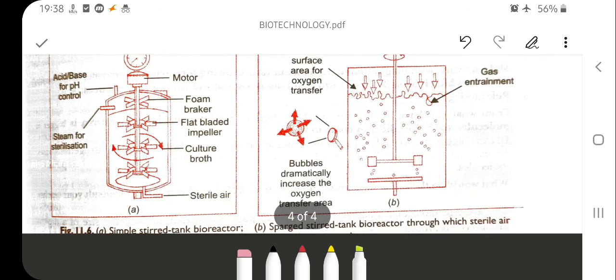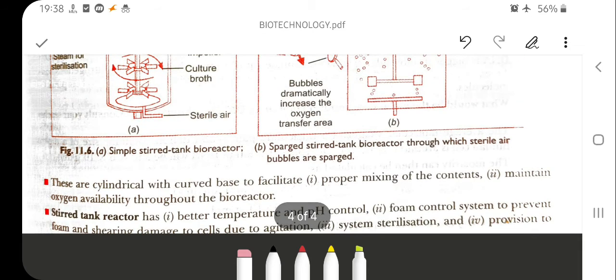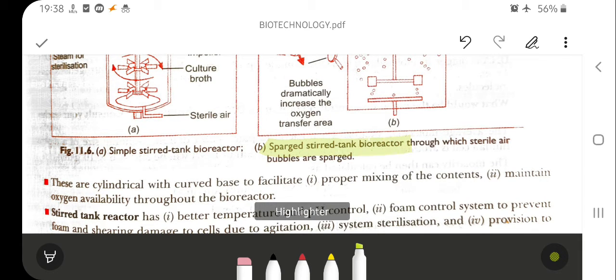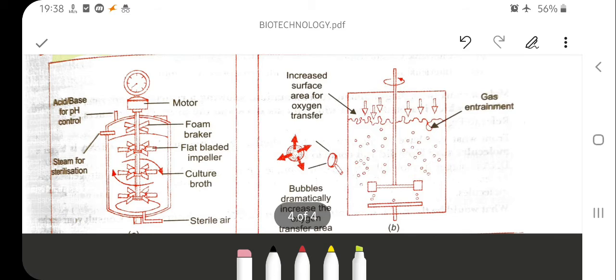and there is one more bioreactor known as the sparged stirred tank, and this is a simple stirred tank bioreactor. Here you can see it starts from the motor.